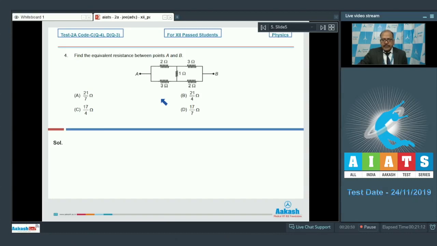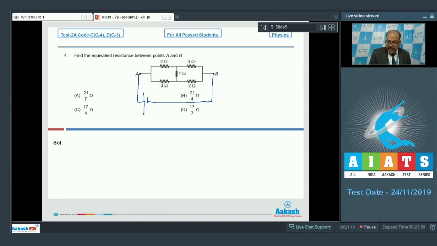For doing this, we connect an ideal cell between points A and B and distribute the current in the circuit. So if we do that, we just connect an ideal cell and make use of whatever symmetry is there. The symmetry is there in this term, that this is 2 ohm and this is 3 ohm.